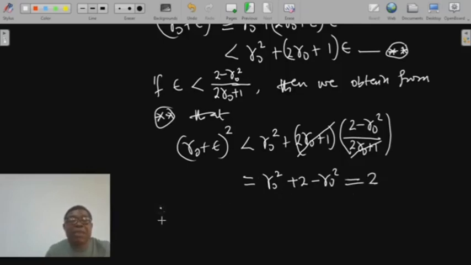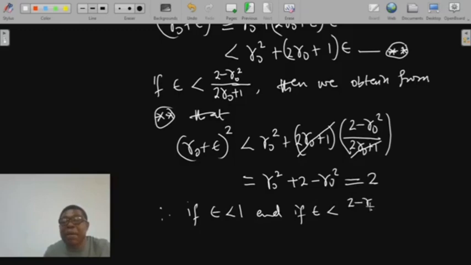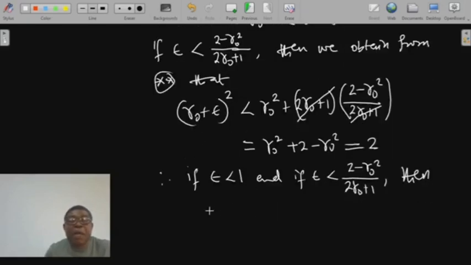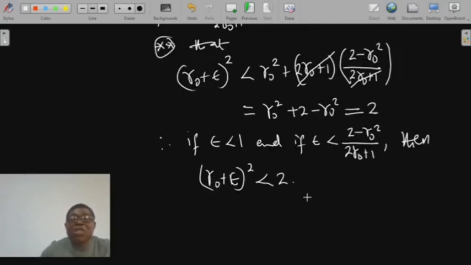So what I have therefore is that if epsilon is less than 1, and if epsilon is less than (2 minus gamma naught squared) over (2 gamma naught plus 1), then (gamma naught plus epsilon) all squared will be less than 2. How do I merge these two?